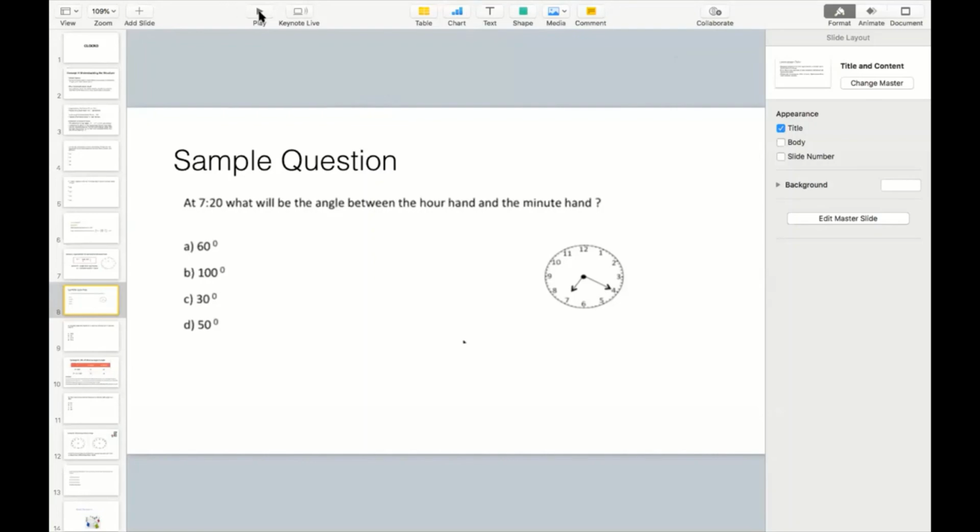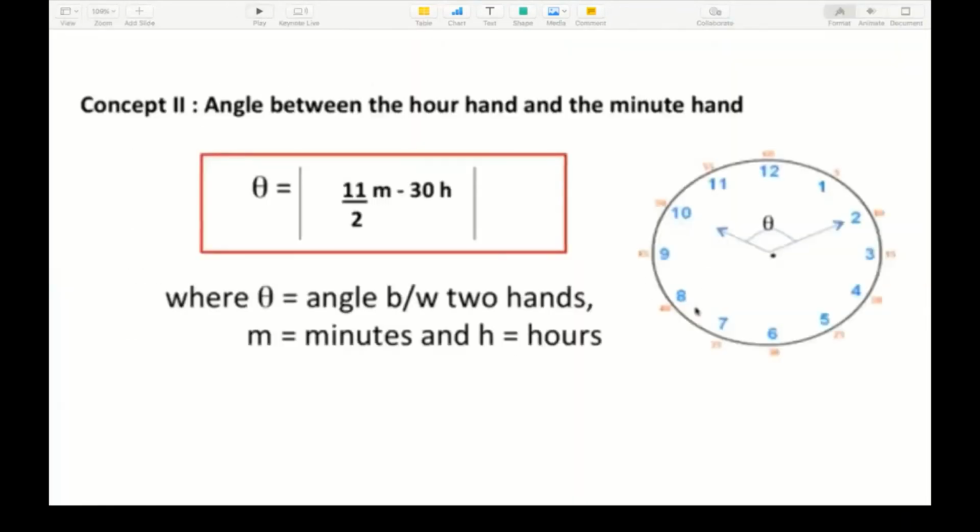For those who are finding it difficult, here's the formula for you. Simply put the values of h and m and you will get the answer.